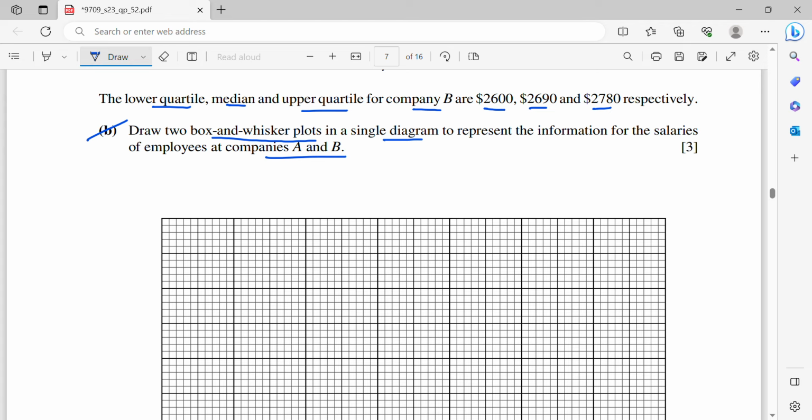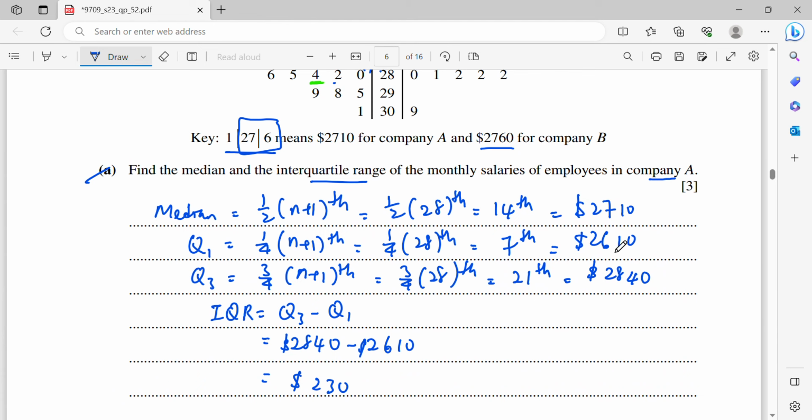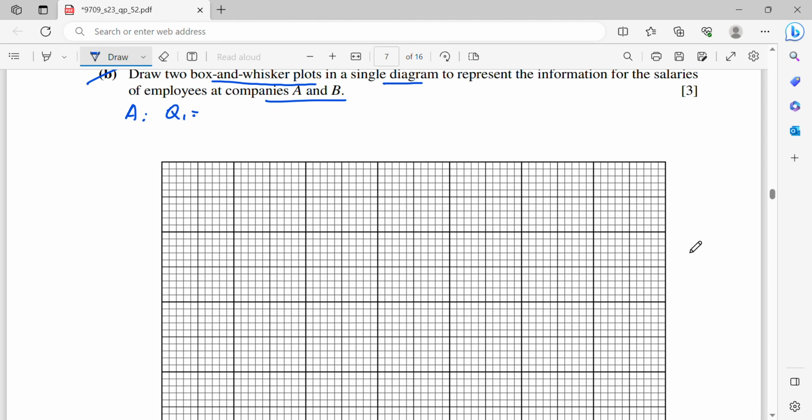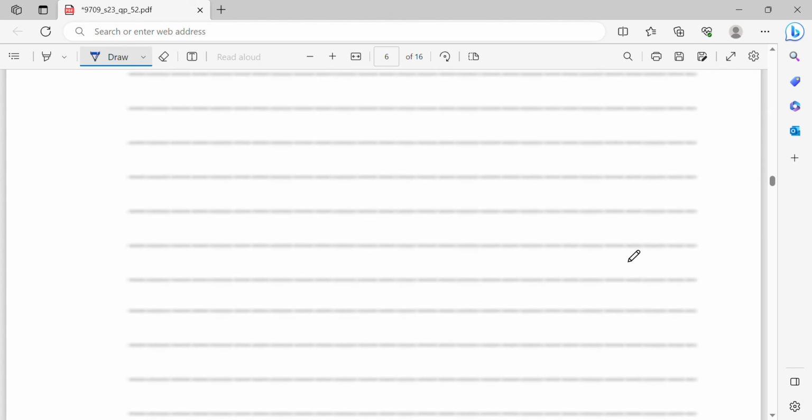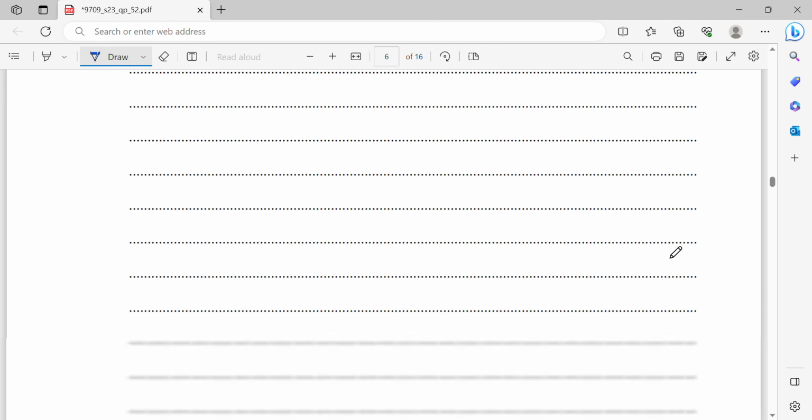For company A, Q1 is 2610, Q2 is our median, 2710, and Q3 is 2840.